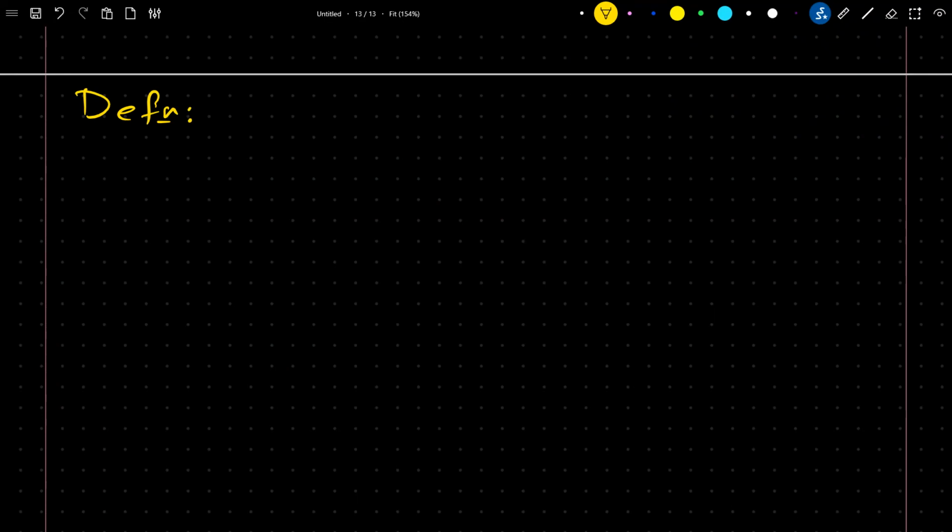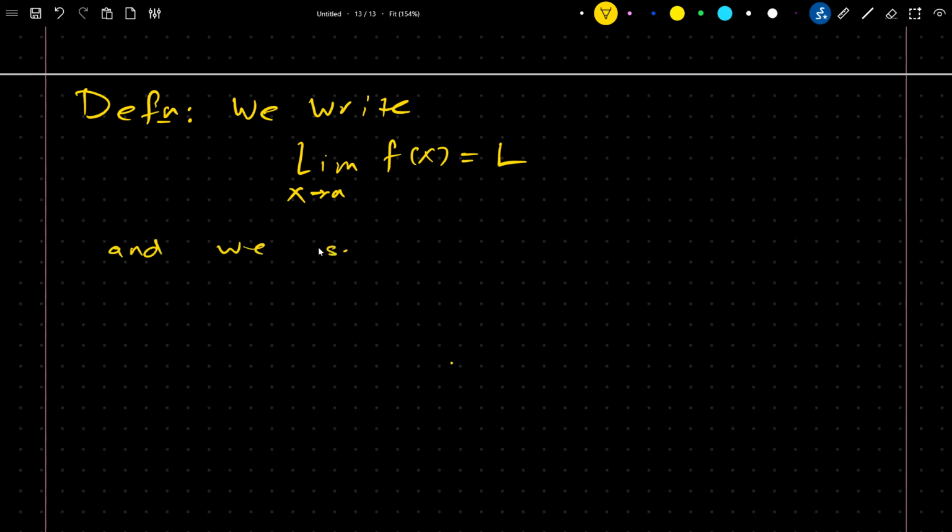We write the limit as x goes to a of f of x equals L. We say that this is called the limit of our function f of x as x approaches a, but never actually equals a.